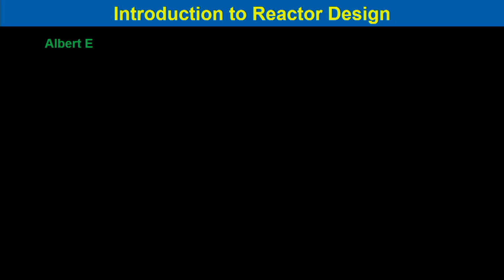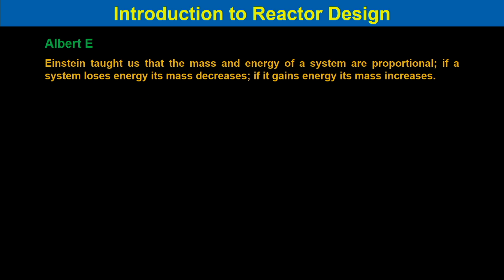Our great scientist Albert Einstein taught us that mass and energy of a system are proportional. That means, if a system loses energy, its mass decreases. If it gains energy, its mass increases.